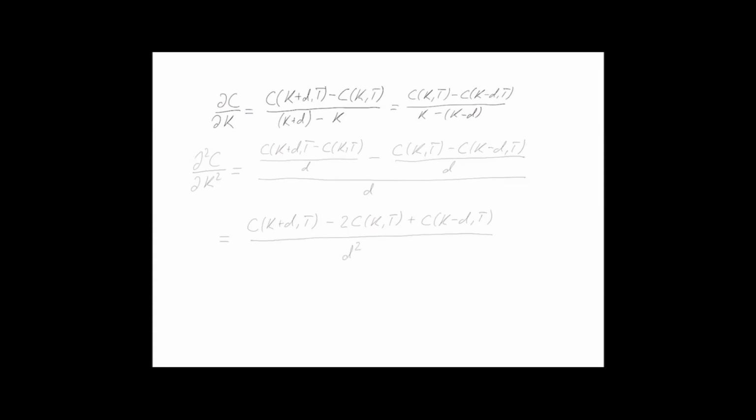It says, well, the second derivative is buying a call option with a relatively low strike price, buying another call option with a relatively high strike price, and selling two call options with an intermediate strike price. And that's exactly the definition of a butterfly spread.